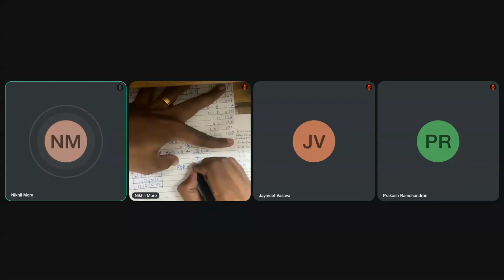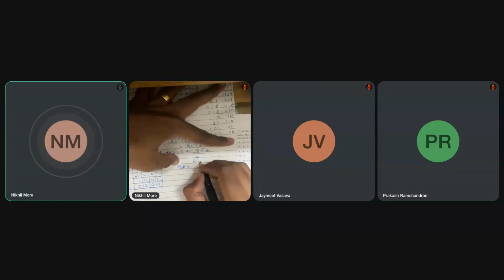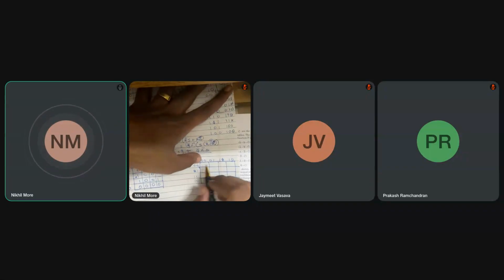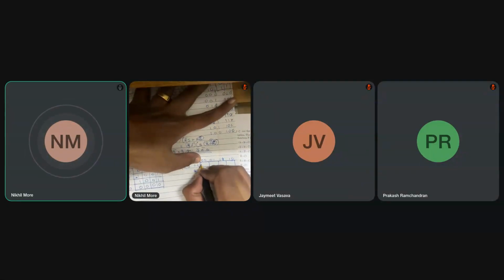We have RS. The first cell where all are zeros would be P bar, Q bar, R bar, S bar.